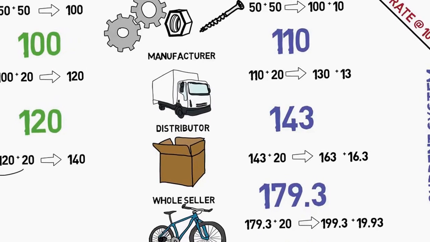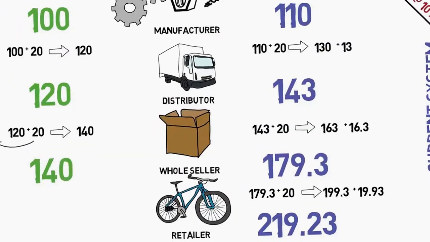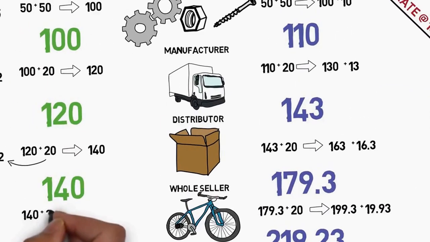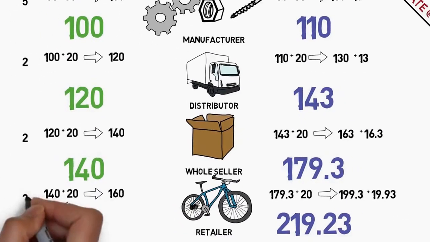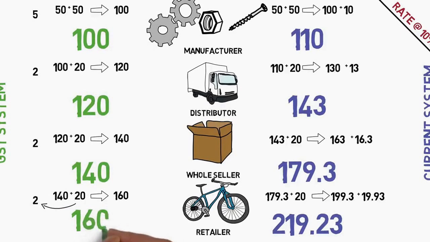The retailer buys the product for 140 rupees, adds a profit of 20 rupees, pays the taxes of 2 rupees on his profit of 20 rupees and raises the final consumer price to 160 rupees.